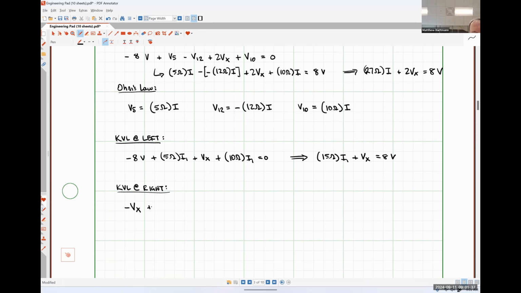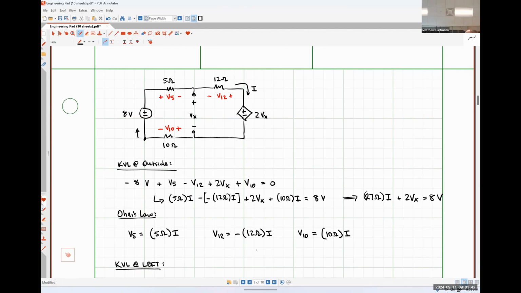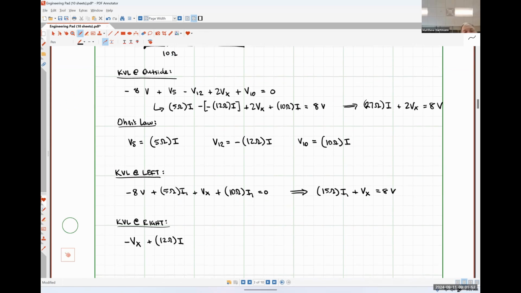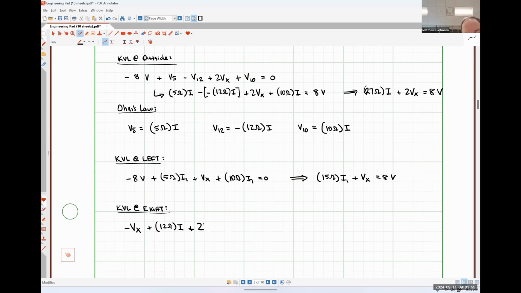No, it'll still be plus 12 ohms I. So just to be clear there, I'm doing minus V12 where minus negative 12 ohms times I is plus 12 ohms times I. Plus 2Vx is equal to 0. And this tells us that Vx is just negative 12 ohms times I, so we could directly substitute in. Okay. But it doesn't really matter.